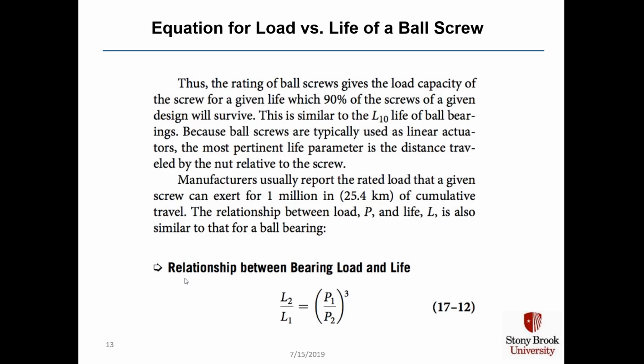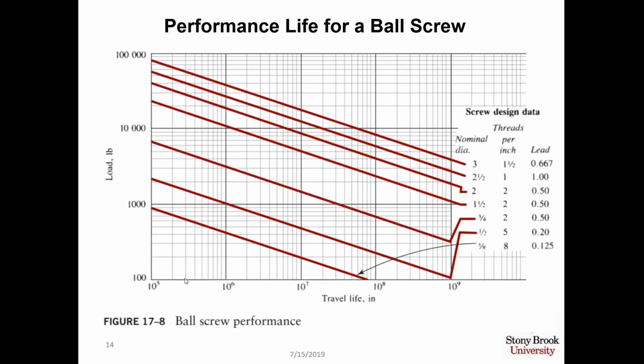It's given by the equation L2 over L1 equals P1 over P2 cubed, where L1 is typically the 1,000,000 inches of travel, and P1 is the load that was turned during those 1,000,000 inches of travel. L2 is a different number of inches of travel, and P2 is a different load used. But in our textbook, we make it easy for you.